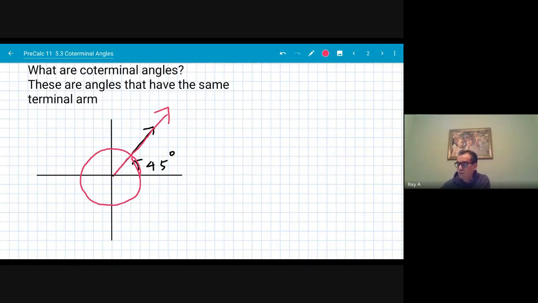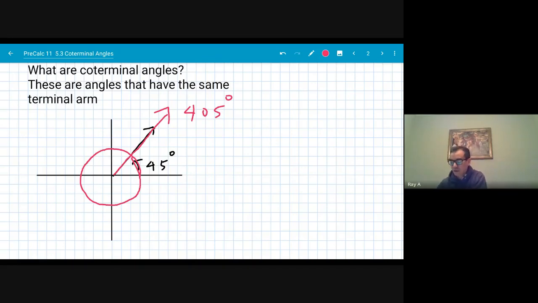That angle would be 360 plus 45, which is 405 degrees. So 405 degrees would be a coterminal angle of 45 degrees.